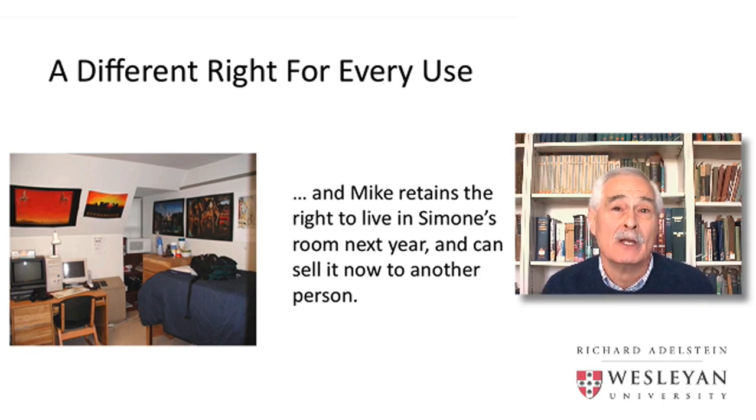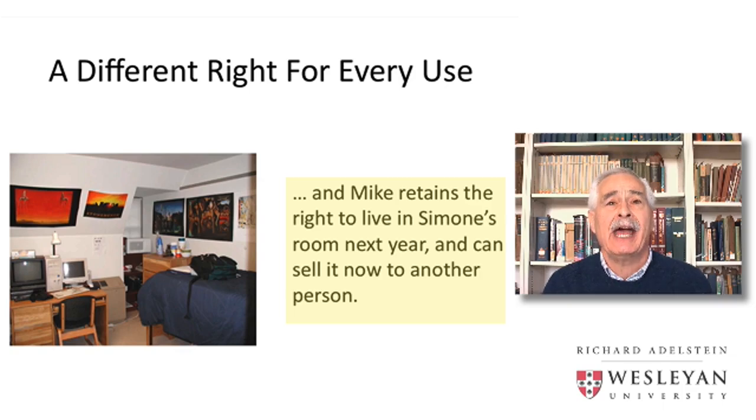At that moment, all the property rights that she had in the room during the academic year 2012 and 13 would disappear, and she would be left with no property rights in the room at all. All of the property rights that she had in the room between 2012 and 2013 now revert back to Mike. Indeed, they never left Mike, because the only rights that he sold to Simone were the rights that she has from September of 2012 to June of 2013.